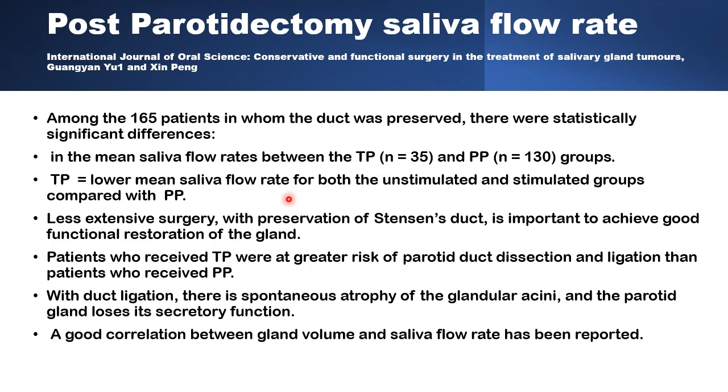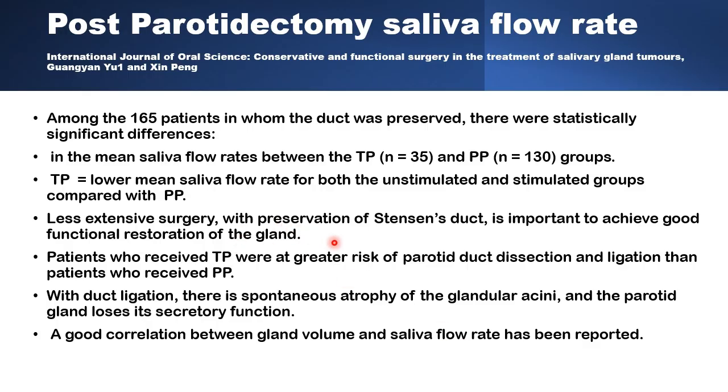The more extensive the surgery, the less the saliva, and there is a good correlation between the gland volume estimated by ultrasound, the residual gland after surgery, and the salivary flow. The more residual gland left, the more the flow.